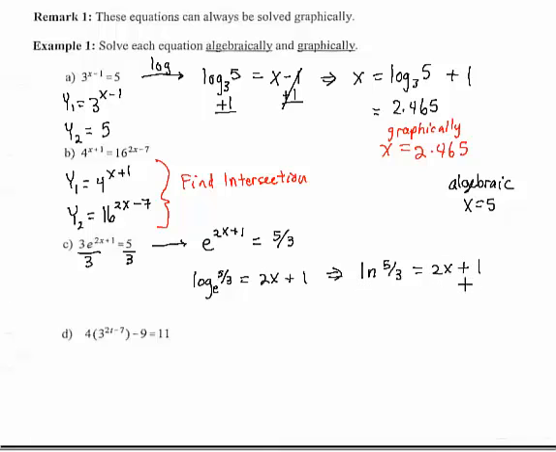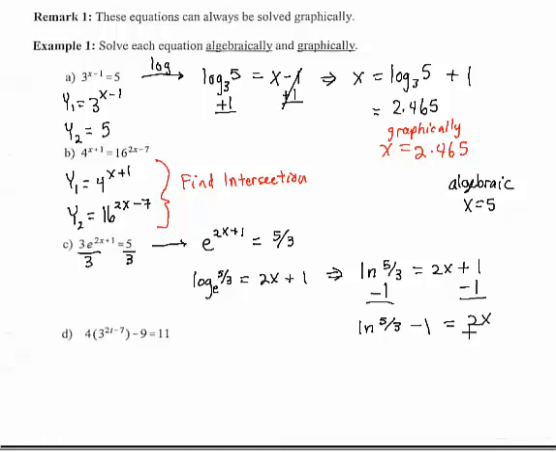So now we have the proper form of our logarithmic equation, and here's x on the right, and we simply want to get the x by itself. ln of 5/3 is simply a number as a whole, and so we subtract 1 from both sides, because we want the x by itself and we need to get rid of this 1 and the 2. We subtract 1 first, and we write ln of 5/3 minus 1 equals 2x.